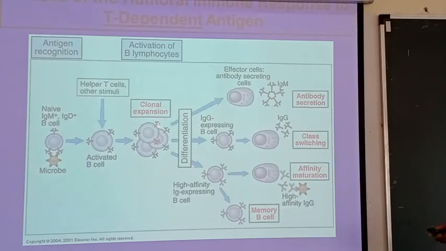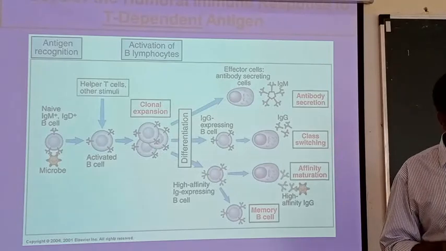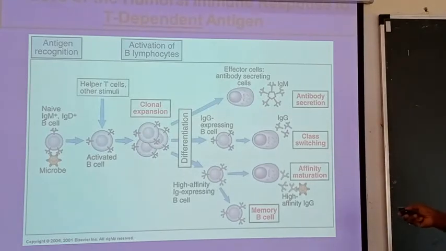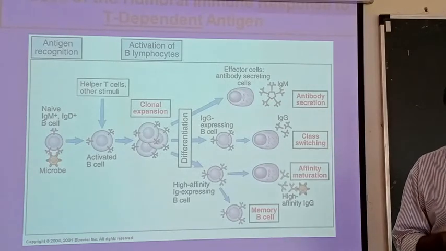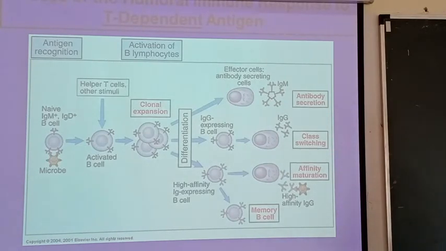This is clonal expansion of the B cells, and once clonal expansion takes place, differentiation of the clone leads into effector cells. In the initial response, IgM is synthesized; that is when antibody secretion starts. Initially IgM antibody production starts, afterwards class switching takes place and IgM is switched to IgG. Once this IgG is synthesized, the actual defense mechanism starts, which is called the antigen-antibody reaction mechanism.